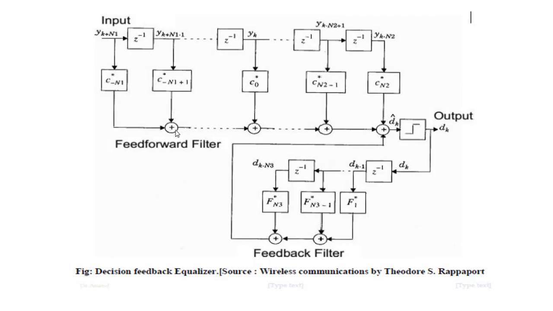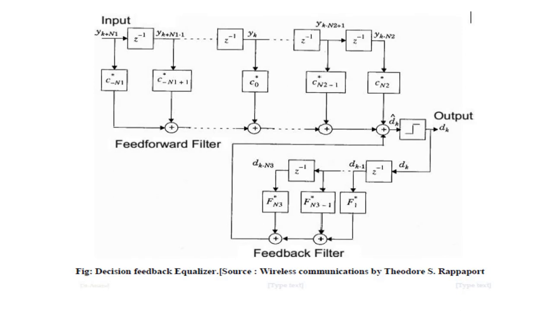These things will be combined, and finally we make the output expectation, which will be matched with the decision device here. If it is not equal, then again it will be fed to the feedback filter. Then again, based on the error percentage, all these things will happen.